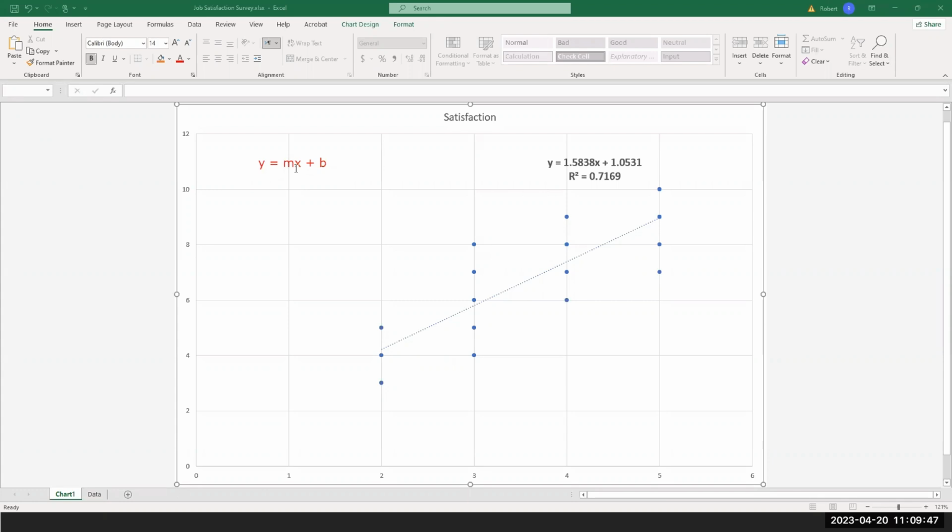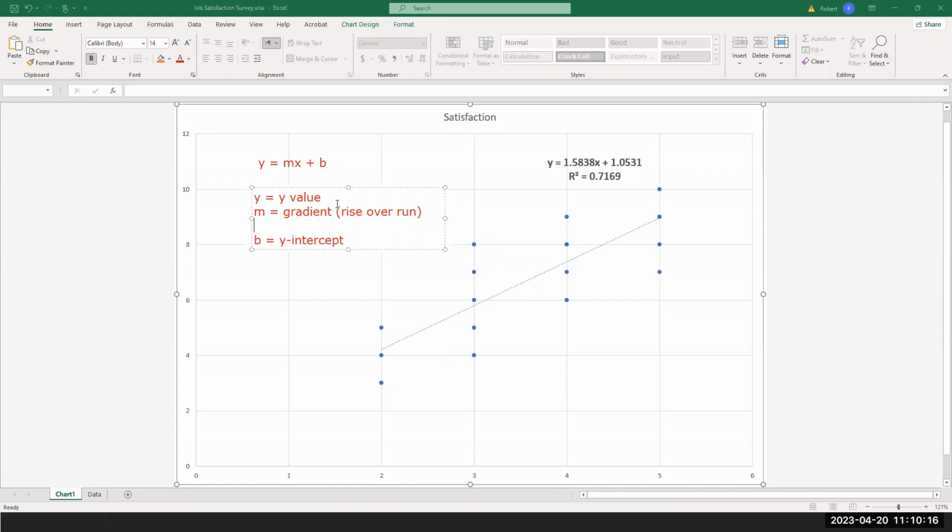Well, if you don't, this is the equation of a line on a 2D plane, where y is the y value on the y-axis. M is the gradient, rise over run, and b is the y-intercept.